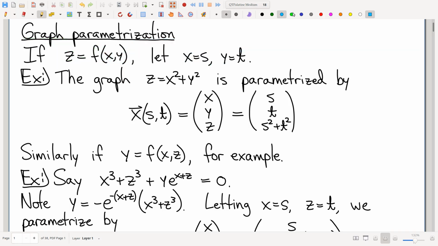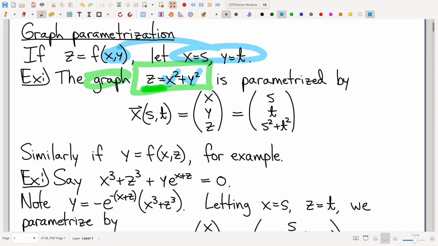No big deal. Here's a graph. One variable is a function of the other two. I'm going to follow the rule. I'm going to let my input variables, x and y, be my parameters, s and t. You can see that right there. x and y are s and t.